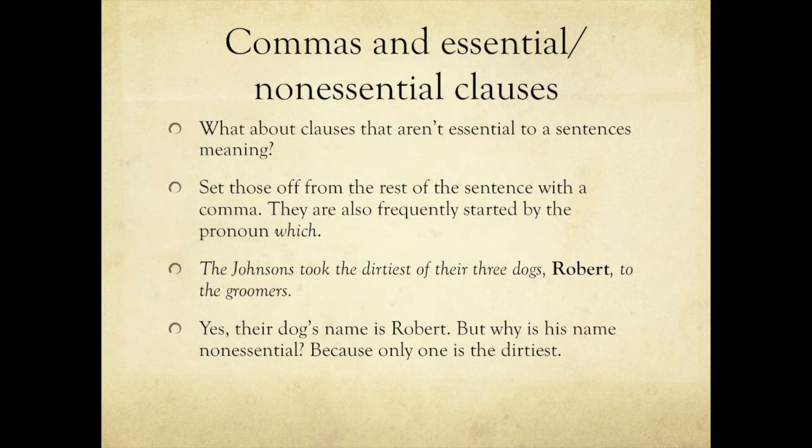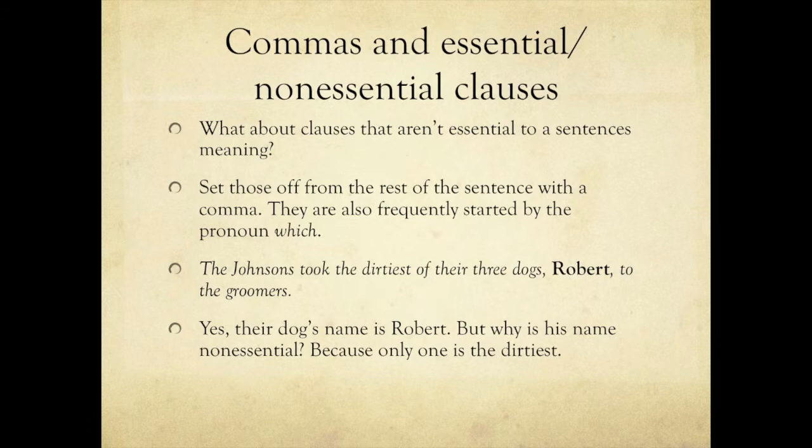That doesn't mean that you should take it out, okay? Because maybe we feel that it presents some nice detail for the reader. It just means that if you took it out, the reader could still get the gist of the sentence, okay?